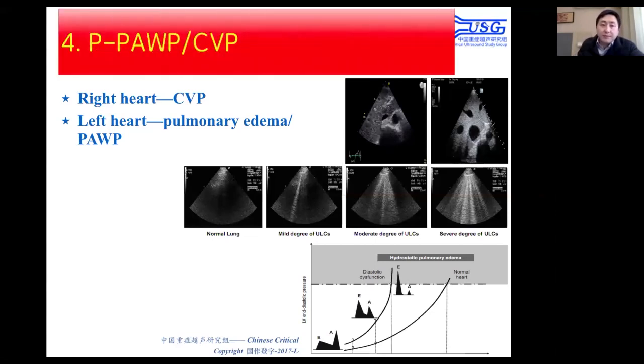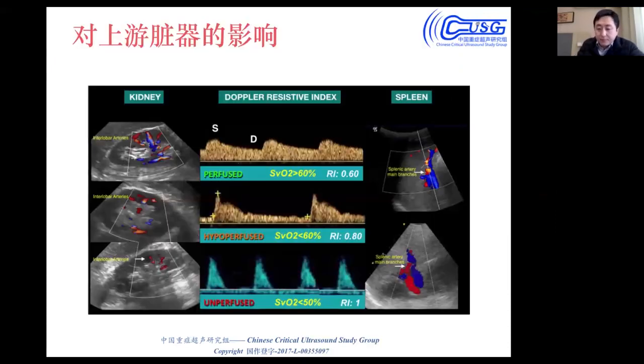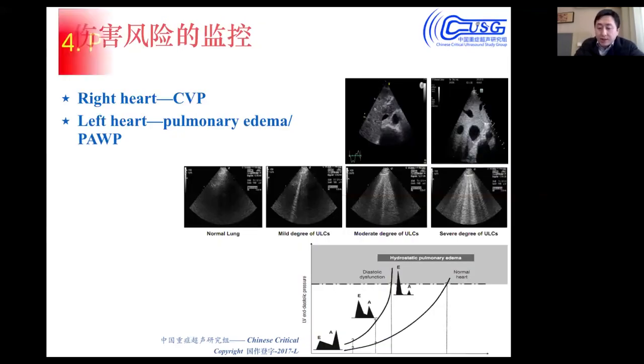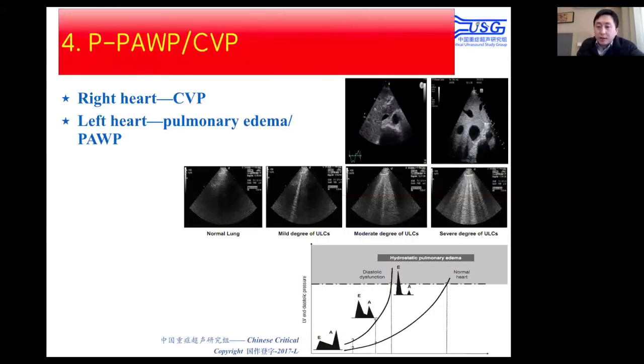So the fourth P is the two indexes, including the CVP and the PAWP, that we should pay more attention to when we do fluid resuscitation or fluid management. And at this time, critical care ultrasound is very valuable.